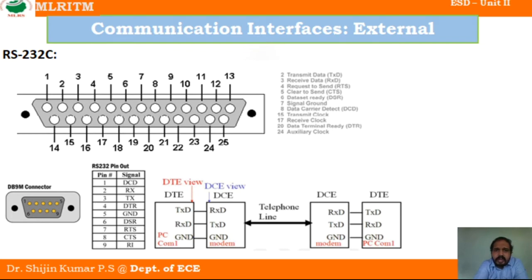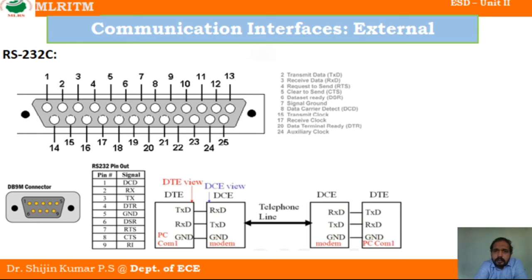So we have a small 9 pin connector also. If you look at the back side of your computer, you can see a 9 pin connector, that is a DB9M connector. So what are the 9 pins? One is DCD, data carrier detector, then RX receiver, TX transmitter, then DTR, data terminal ready.